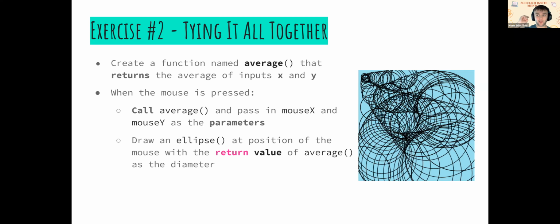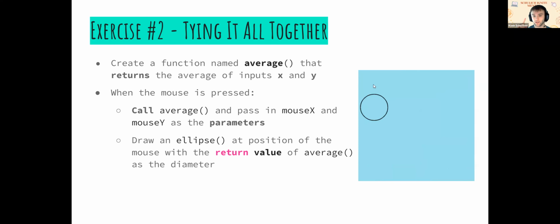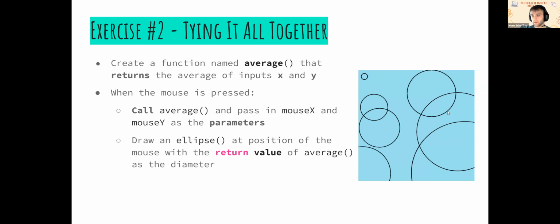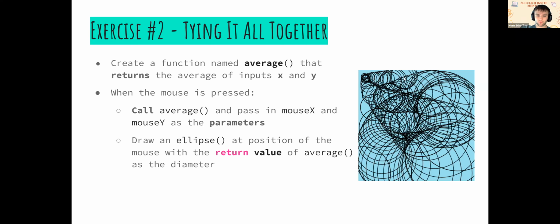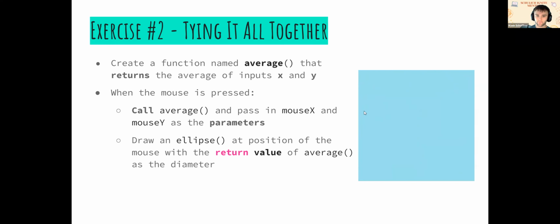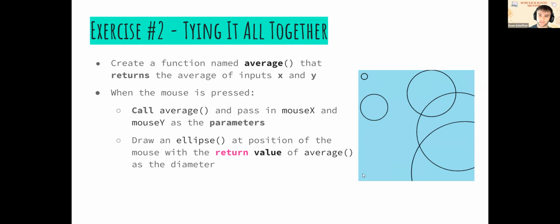So not only are you going to need a return statement, you're also going to need 2 parameters that go into the function. We want to draw an ellipse at the position of the mouse with the return value of average as its diameter. So whatever value average returns, that's what we're going to use as the diameter of our ellipse.